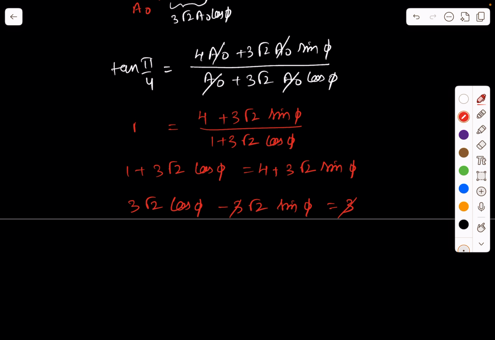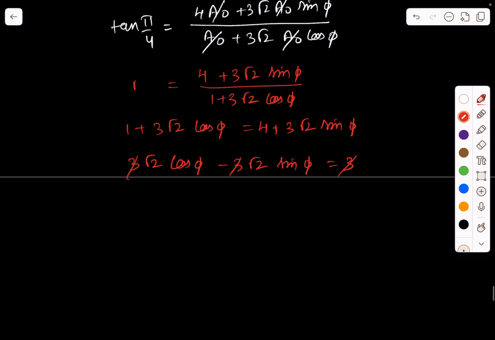3 gets cancelled, and if we divide by 2 on both the left hand side and right hand side, we get cos phi into 1 by root 2 minus sin phi into 1 by root 2 as equal to 1 by 2. And this 1 by root 2 can be written as cos pi by 4, and this 1 by root 2 we can write as sin pi by 4.